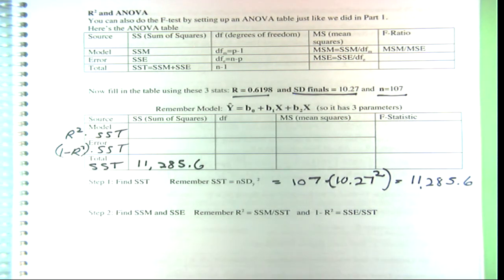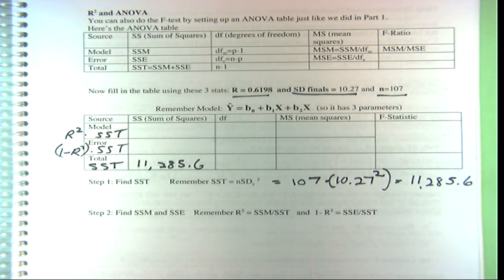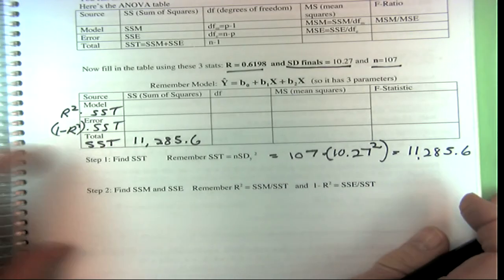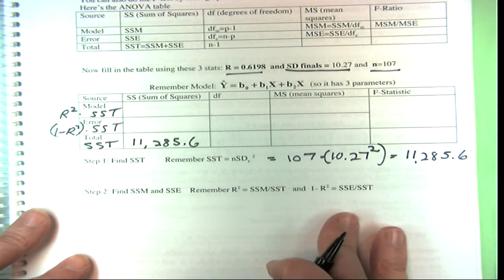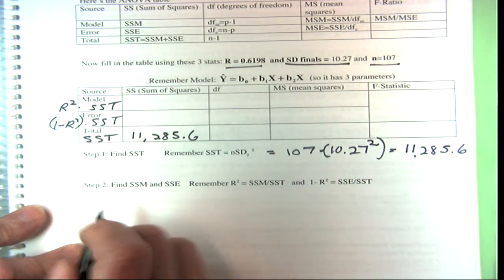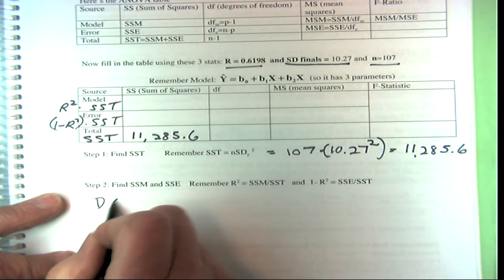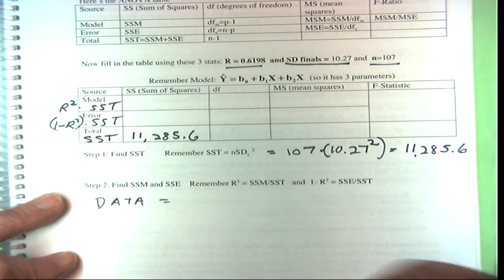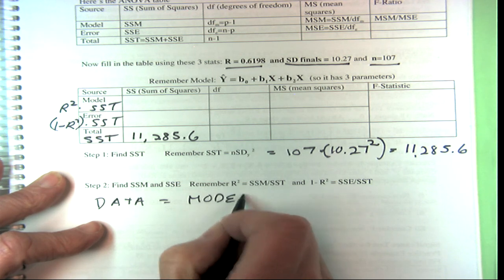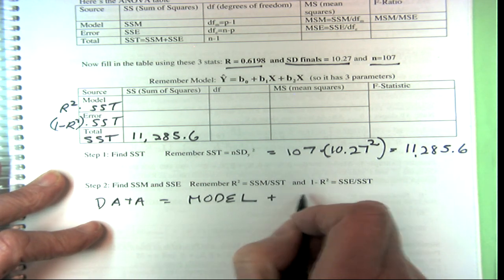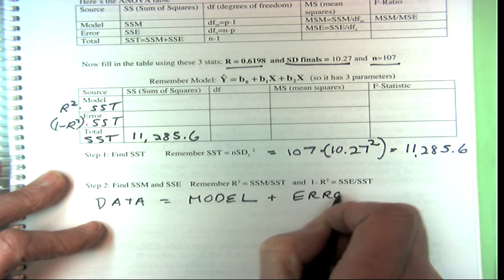So let's do that. This is all we're doing. Don't get distracted. We have some data, the total, and we're just breaking it into 2 pieces: the model, which we've done a lot, plus the error.